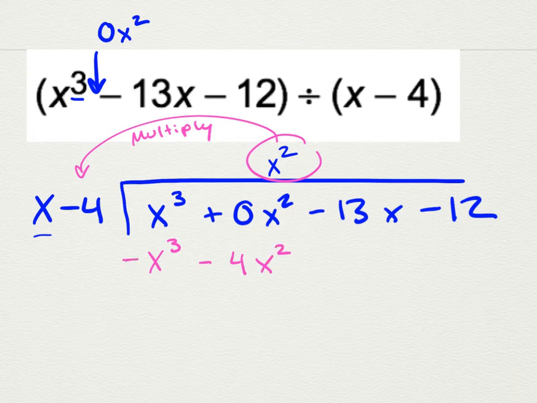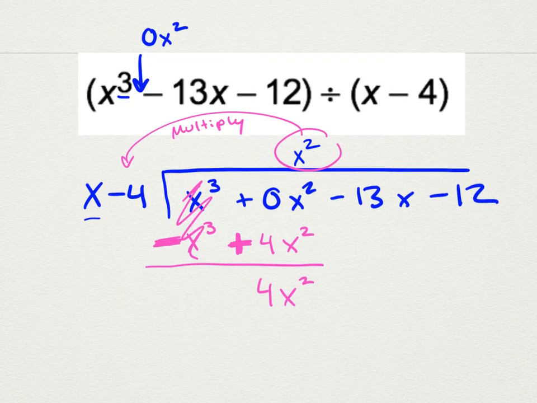Then we change the sign. So this one becomes negative. This one becomes positive. We add them together. So what is x cubed minus x cubed? 0. So those cancel. What's 0x squared plus 4x squared? 4x squared.